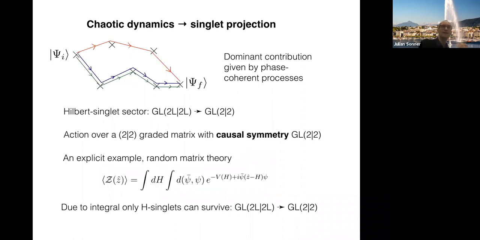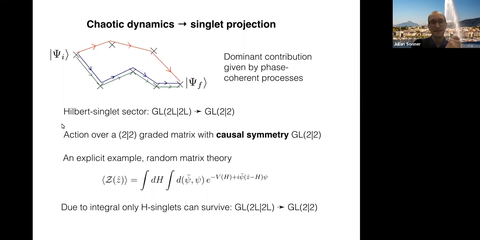The idea is now that what we actually find is that if you look at a sufficiently chaotic system, then the dominant contribution to this integral comes from the ones that have to be phase coherent. So they have to be paths that go forward and backward along the same sequence of scattering events.